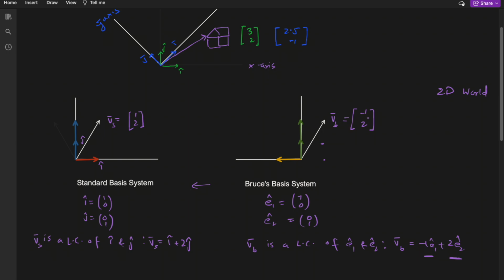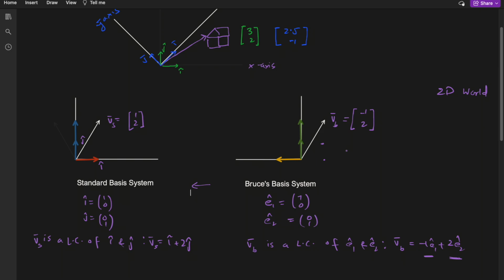Because the vector minus 1 comma 2 is not in the standard basis system, it is in Bruce's basis system, and the basis vectors are very secretive because we haven't transferred these basis vectors at all. He told me those basis vectors very secretly. So only I in this world know these basis vectors, no one else. The exact position will be decoded only by me, because I am the only person who knows these basis vectors apart from Bruce.